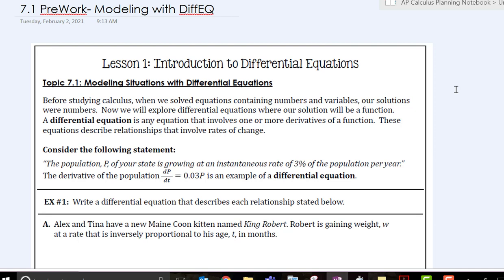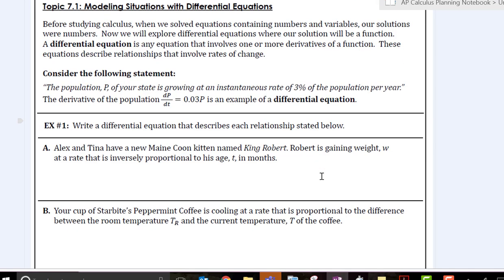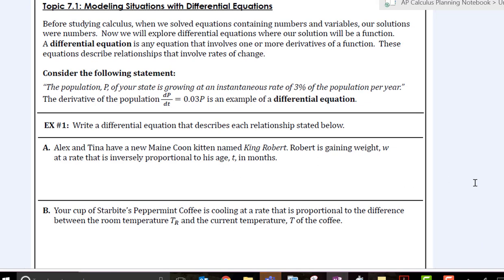And even though you guys talked about exponential growth and change and all these different types of functions when you were in algebra 2 and pre-calculus and algebra 1, here is where they actually all start coming together and become truly real life applicable. So when we are looking at differential equations, it has all of these equations that describe relationships involving rates of change.